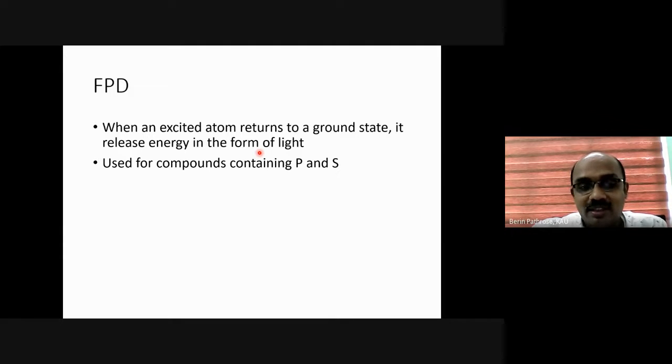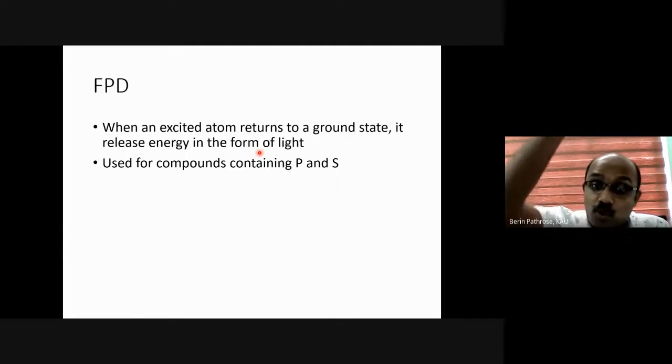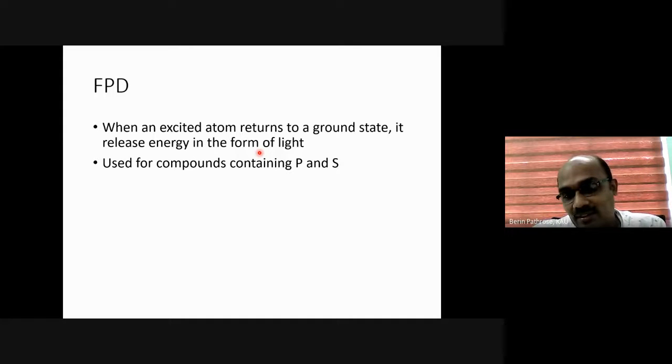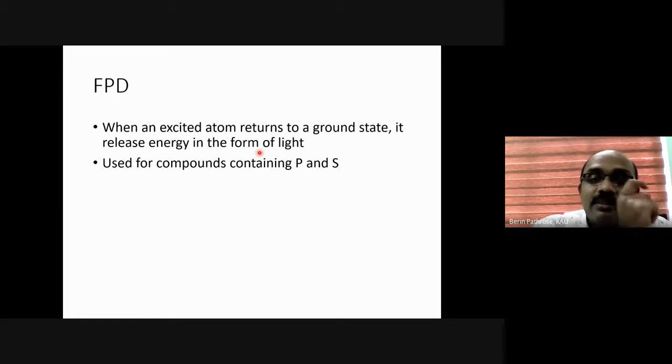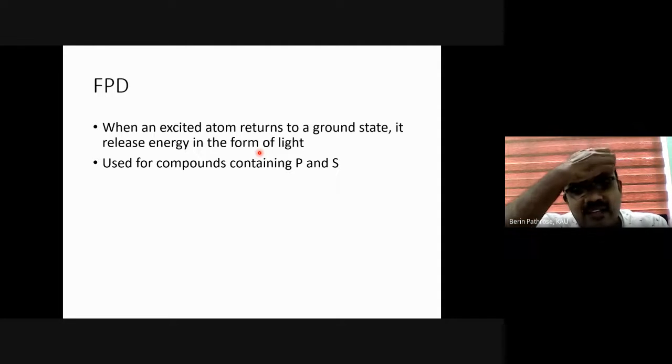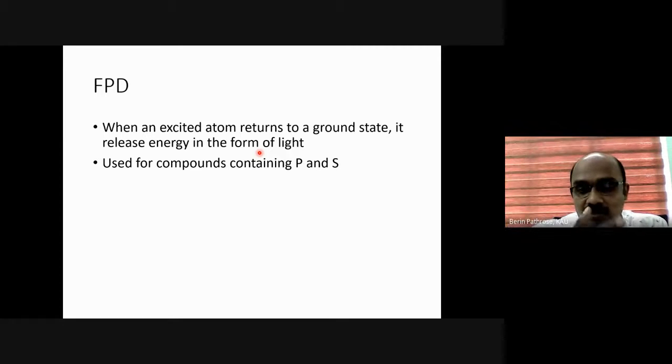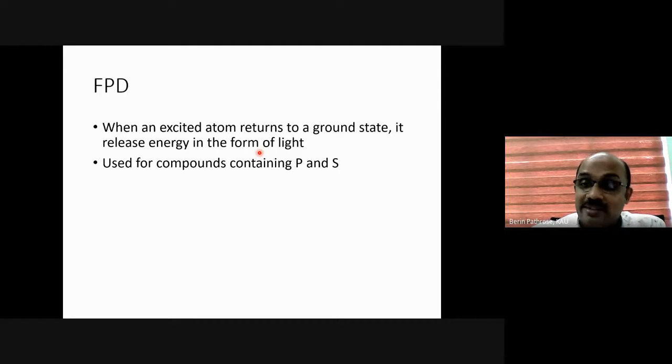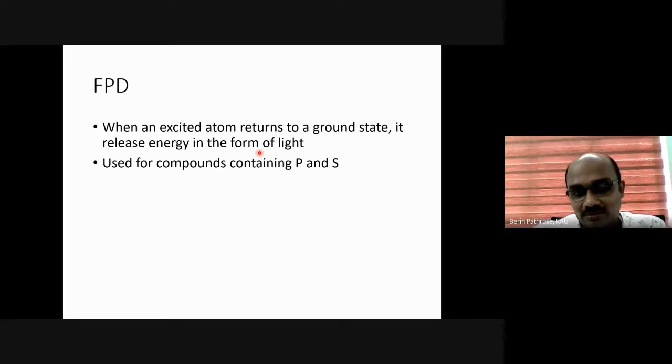You might have studied in chemistry. So once it returns to the normal state, it releases energy, and that energy may be released in the form of light in certain group of compounds. In potassium, I think that color is lilac or something. Is it so? I forgot what the color of potassium is once it is burned. But I studied in soil science. And that color is measured.